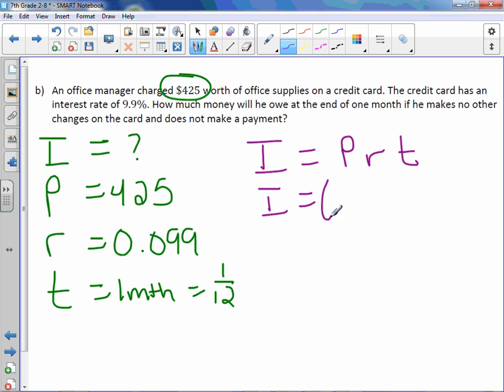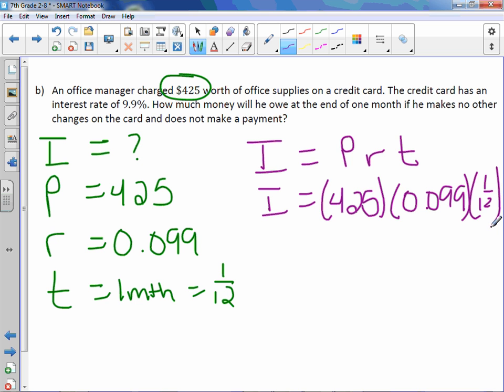I equals 425 times 0.099 times 1 over 12.